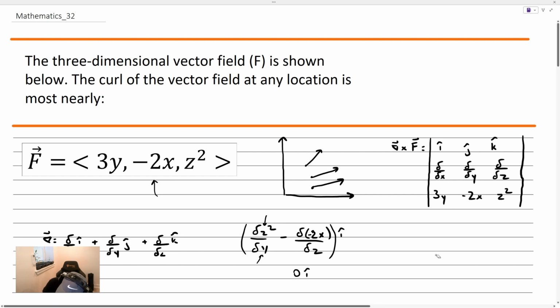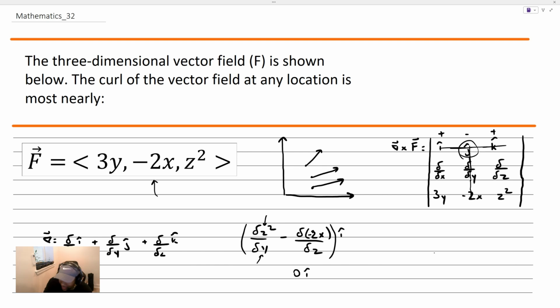Now the second component, we do the same thing. We do the j component. We'll cover the associated row and column and expose the smaller 2 by 2 determinant. Now, remember that there are signs associated with the determinants, and there's this checkerboard pattern of pluses, minuses, and pluses that trickles down throughout the determinant. And these are the signs that you have to apply.